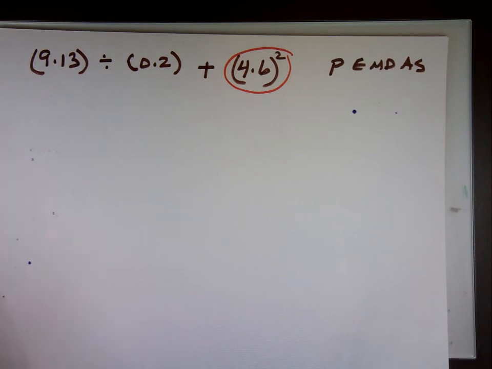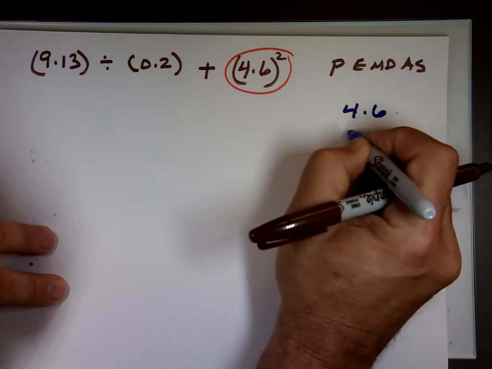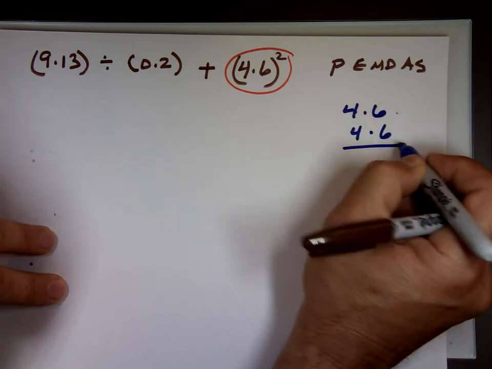So let's go to the side. 4.6 times 4.6. We're going to pretend there's no decimal points there.